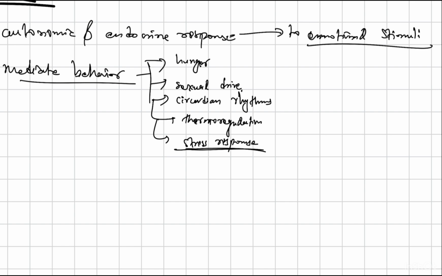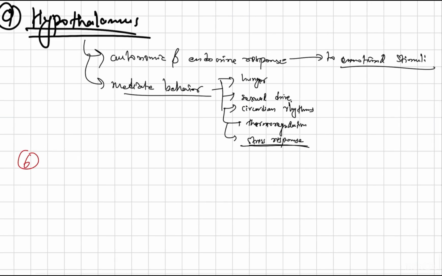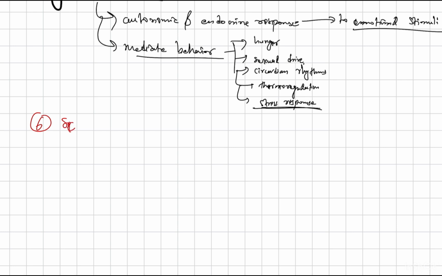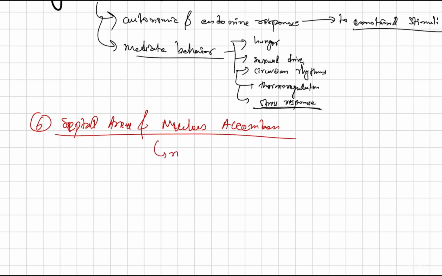Briefly discussing the septal areas and the nucleus accumbens: there is a reward system, along with motivation, and dopamine from the ventral tegmental area is released in the mesolimbic pathway.